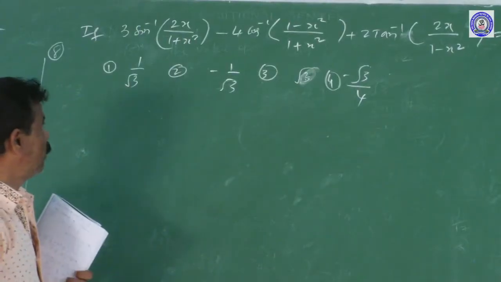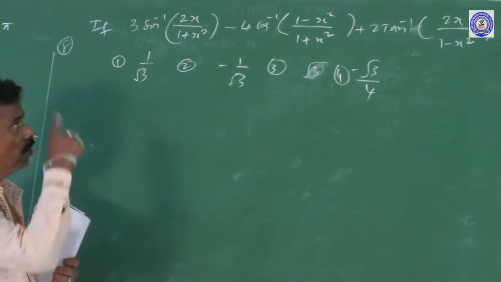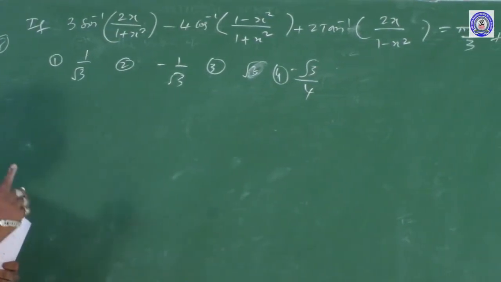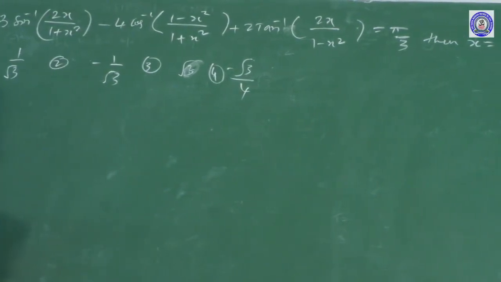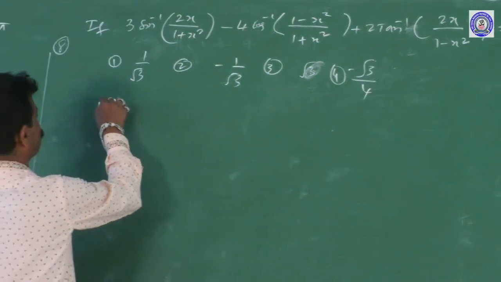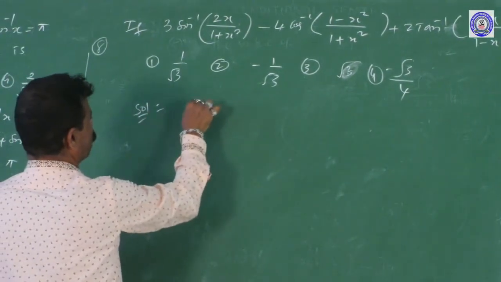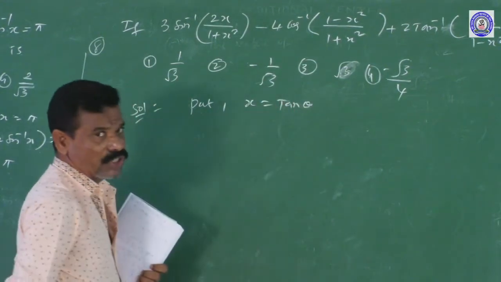If 3 sin inverse 2x by 1 plus x square minus 4 cos inverse 1 minus x square by 1 plus x square plus 2 tan inverse 2x by 1 minus x square is equal to 5 by 3, then what is the x value? Solution: put x is equal to tan theta in the above equation.